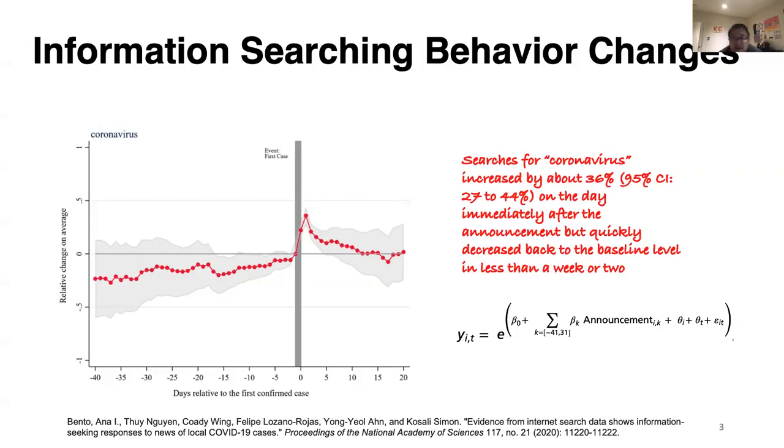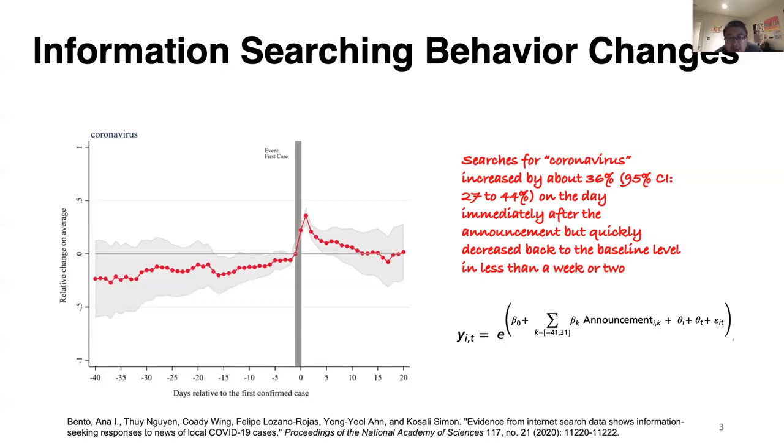The authors created a single indicator, announcement T_i31, for any k larger than 30, and announcement T_i minus 41 for any k smaller than minus 40. They controlled for state fixed effects to allow for time-invariant differences in search patterns by state, and for date fixed effects to account for national trends.